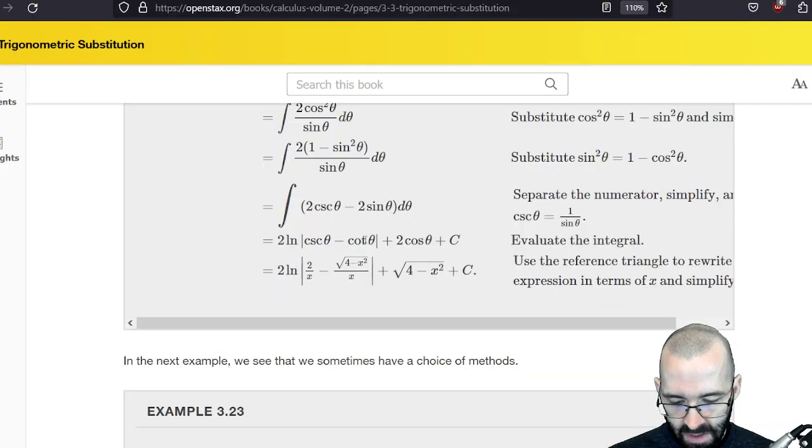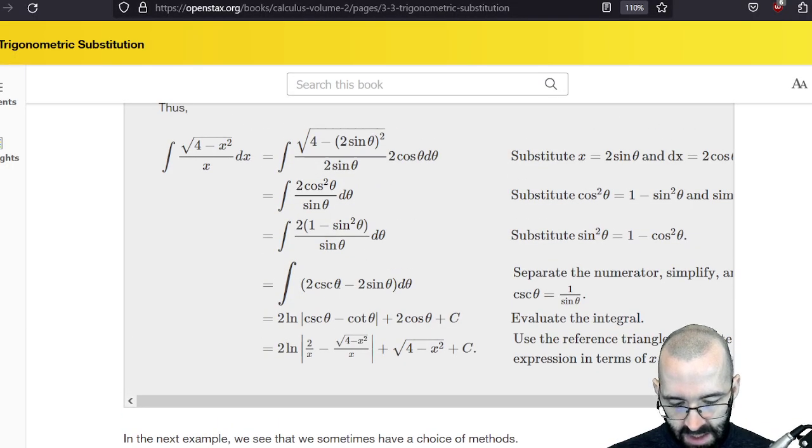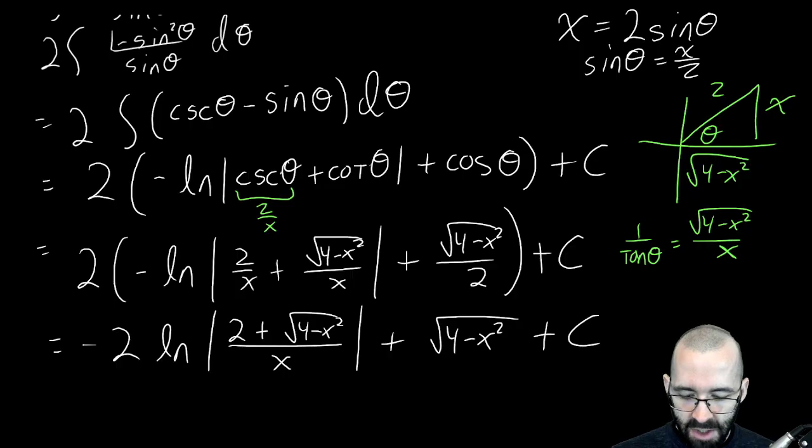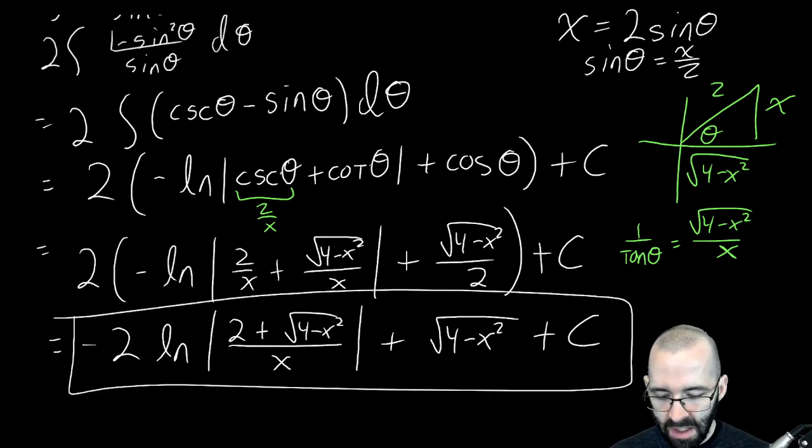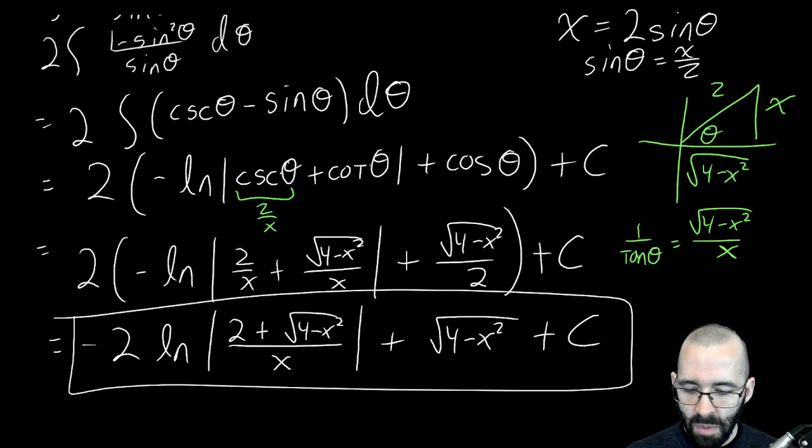Antiderivative of cosecant. Oh, they're just using a different formula for the antiderivative of cosecant. I think they're equivalent. I'll check that out later, but should be probably maybe equivalent. We'll look at that at the end of the video.